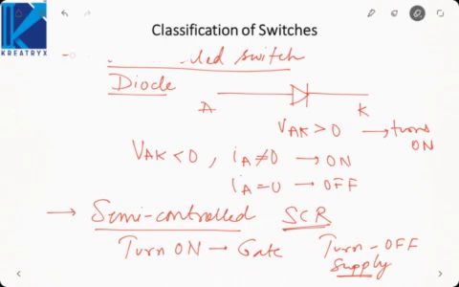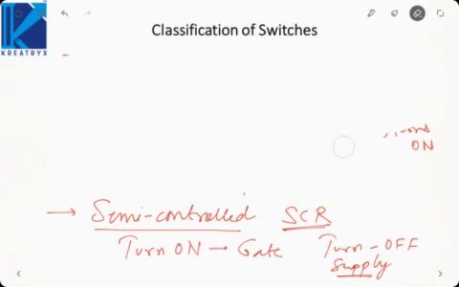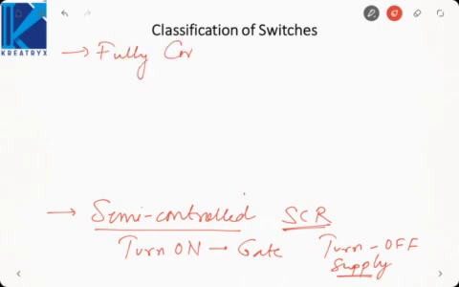And the last category is fully controlled. In fully controlled, we can control both switching states of the switch, that is turn on as well as turn off. So here both switching states are controlled. An example is the GTO, the gate turn off thyristor. Here the gate signal can be used to turn on as well as turn off the device.